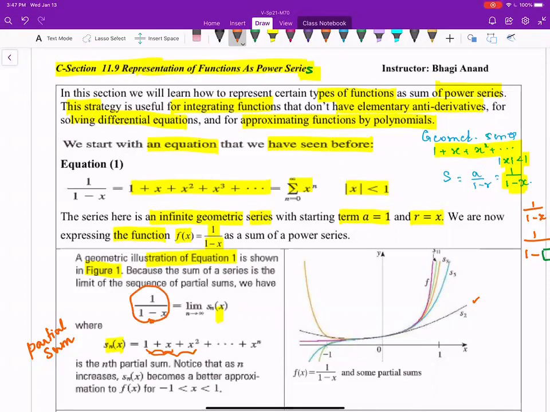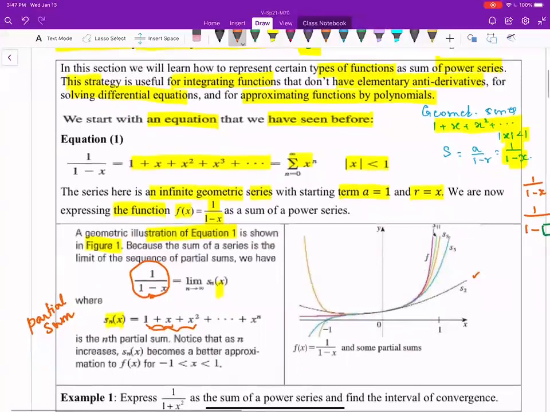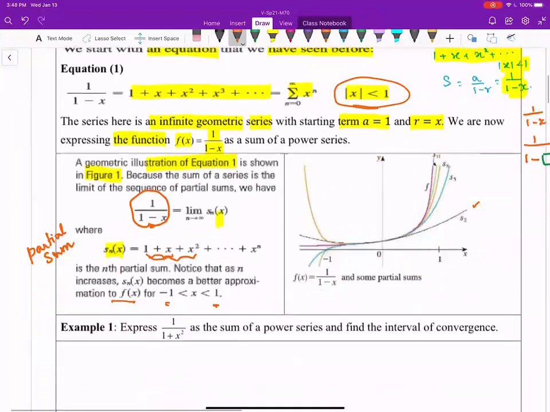So that is what the figure shows. It can be approximated by these polynomials. Notice that as n increases, Sn(x) becomes a better approximation to f of x in the interval -1 to +1, because we know that absolute x is less than 1.